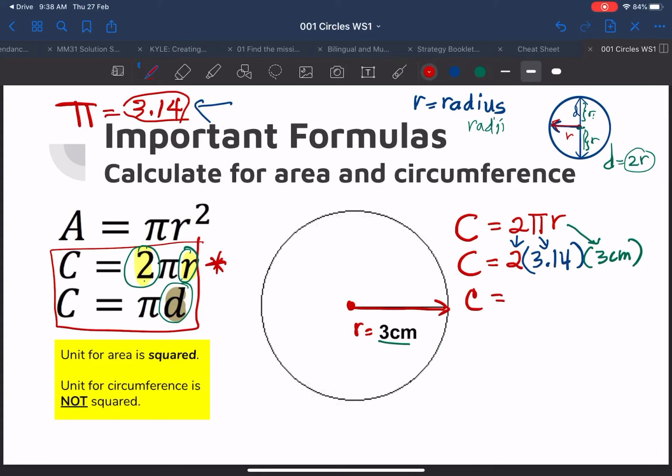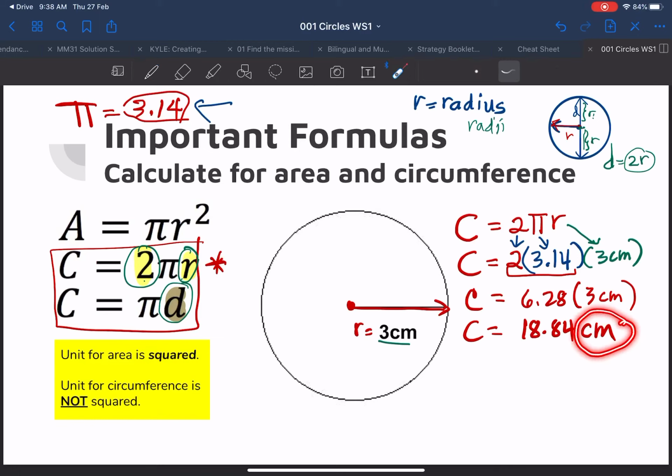C is equal to, let me do this 2 first, 6.28 times 3 cm. C is equal to, let me use my calculator, 6.28. You are welcome to use the calculator. 18.84 cm. Now, look at this.